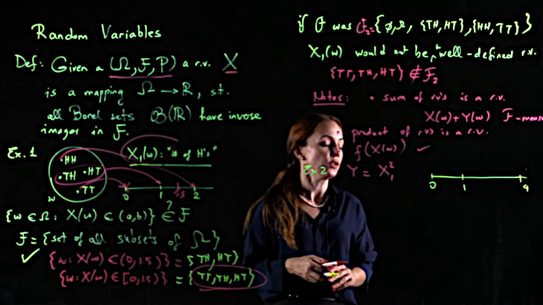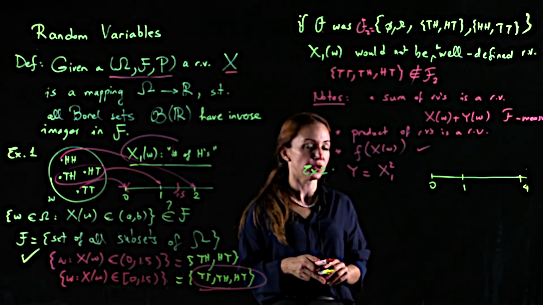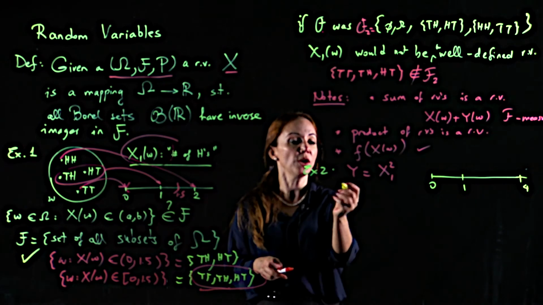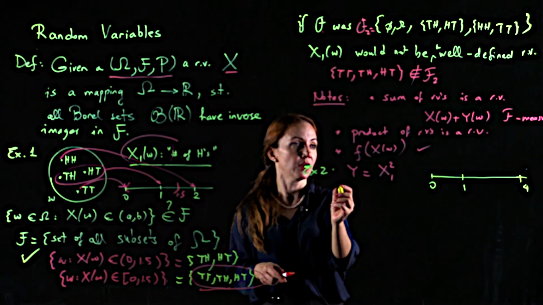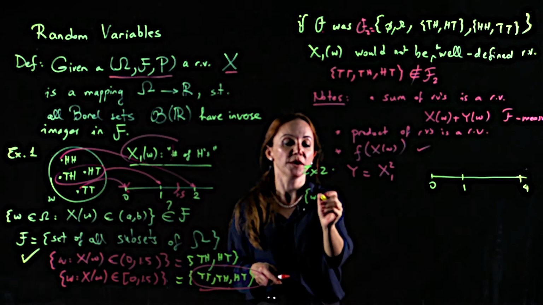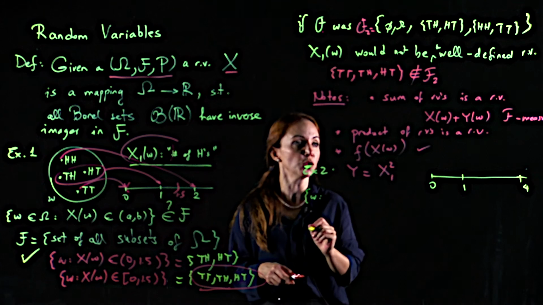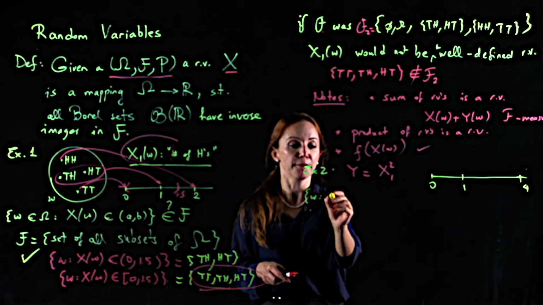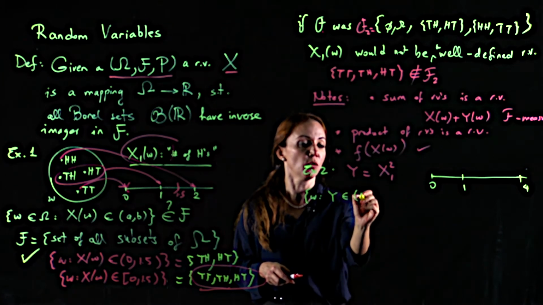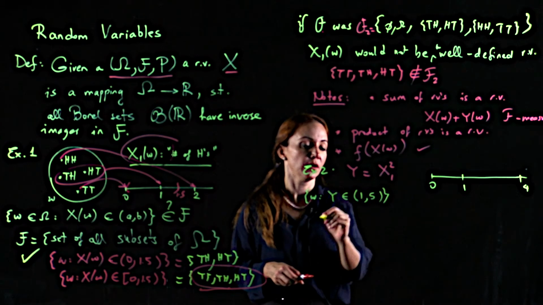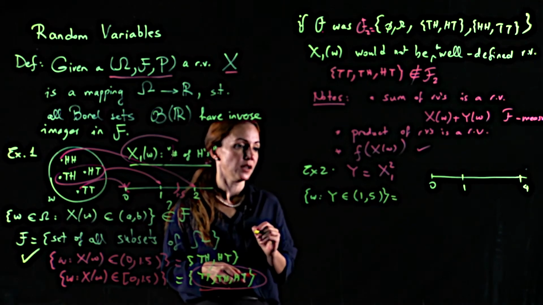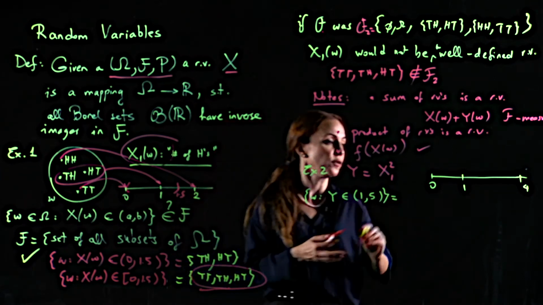These are all the values that Y gets. Now, what is w such that Y is in the interval, let's say, 1 to 5?